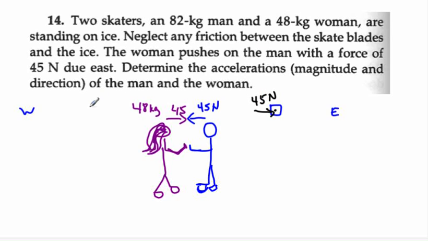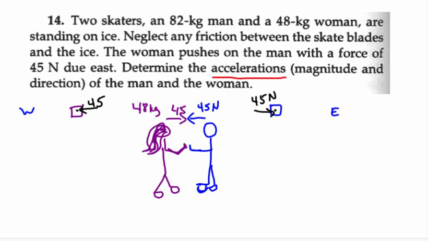And if we looked at her, she's just a block, we'd see that 45 newtons is acting on her in that direction. His force is going to push him east, her force is going to push her west. And we are wanting to know the accelerations.